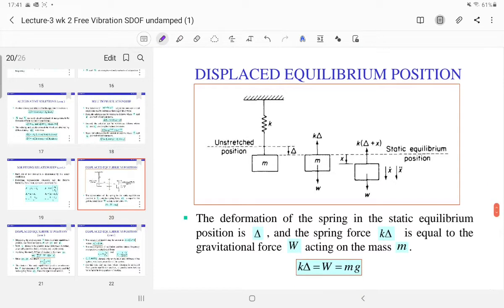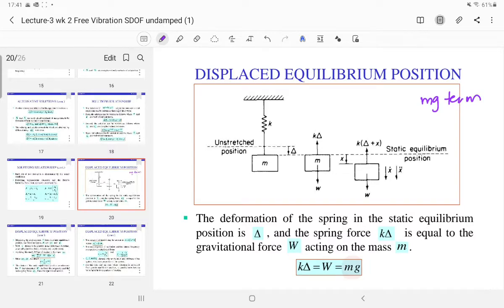You also need to take note, this is a very important section. You should realize that in my derivation of the equation of motion just now, we do not include any mg term. This is the explanation for why you do not need to include the mg term in your equations throughout this course, except for certain cases.